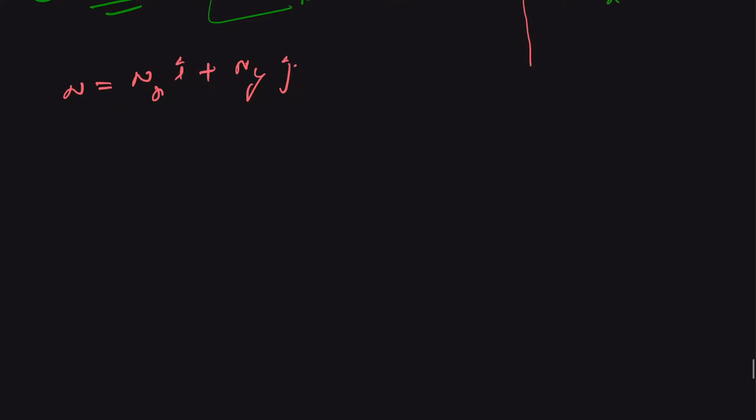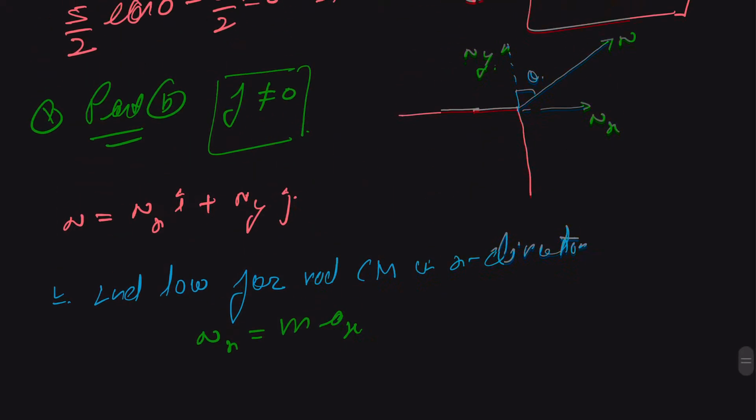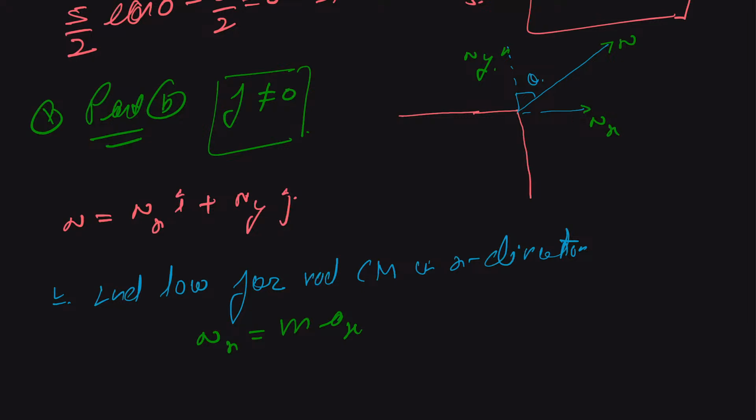Okay, therefore we can write, from the second law for the rod's center of mass in x direction, the equation that N of x will be equal to mass times a of x. And mg will be somewhere here in the downward direction.